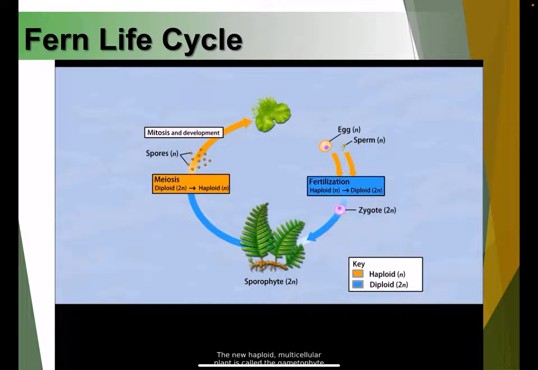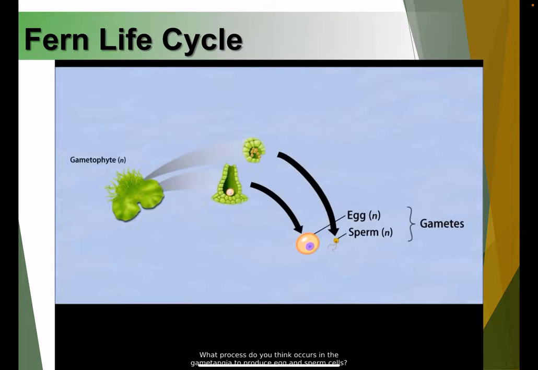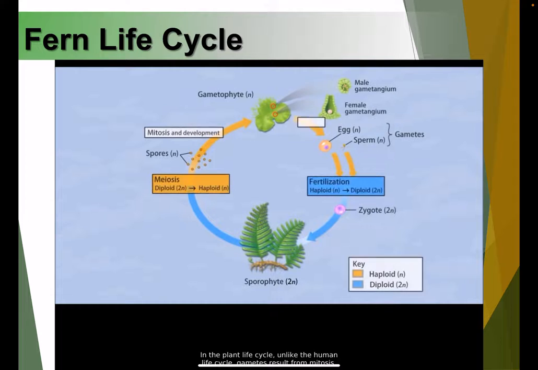The new haploid multicellular plant is called the gametophyte because it produces gametes, egg and sperm cells. The gamete-producing structures are called gametangia. What process do you think occurs in the gametangia to produce egg and sperm cells? In the plant life cycle, unlike the human life cycle, gametes result from mitosis.